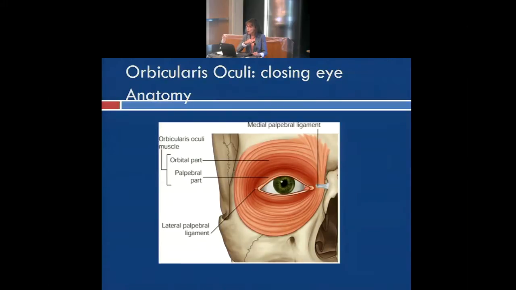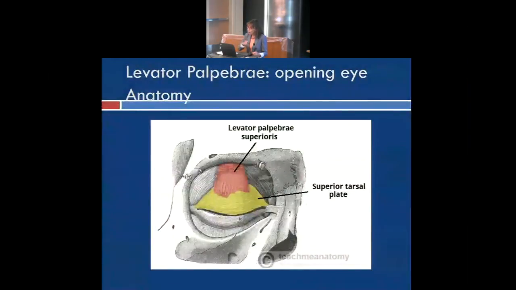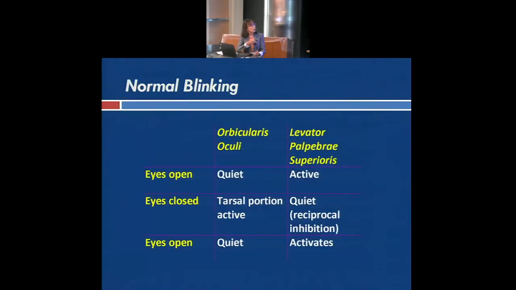But underneath that muscle and underneath that plate is the levator palpebrae superioris, and this muscle is responsible for opening the eye. So we have the orbicularis oculi that closes the eye, and then we have the levator that opens the eye. When you look at someone in a normal blink, when the eyes are open, that circular muscle is quiet, and that levator keeps the eye open.